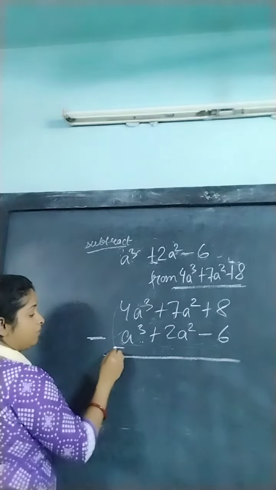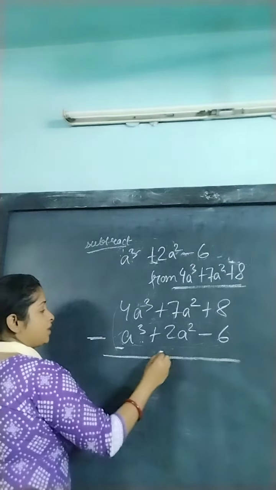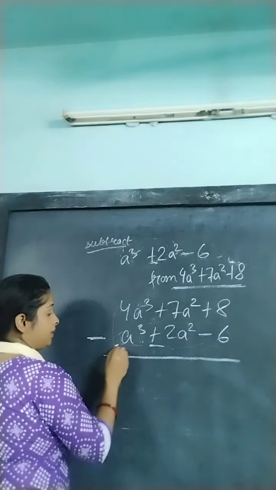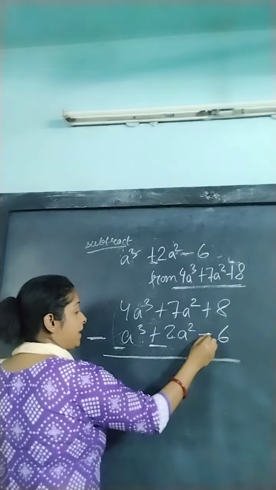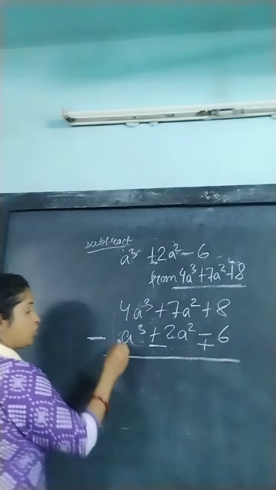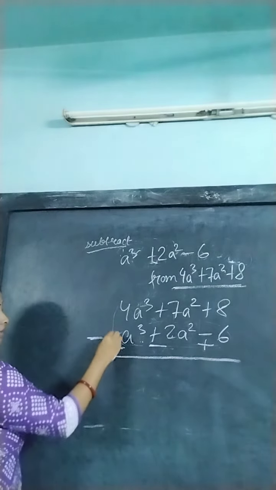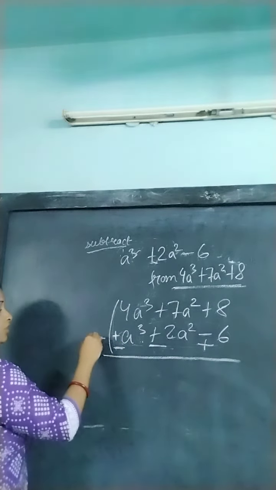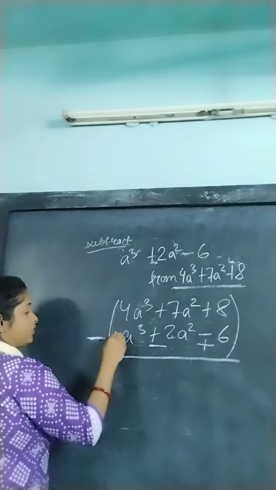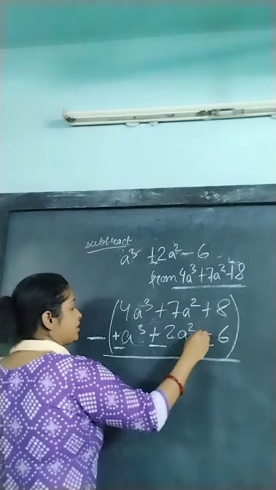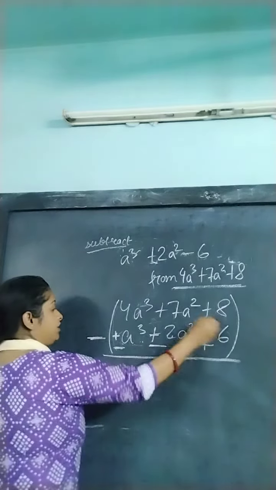A cube will become minus a cube, plus 2a square will become minus 2a square, and minus 6 will become plus 6. Automatically the sign will be changing, since you have to do subtraction.